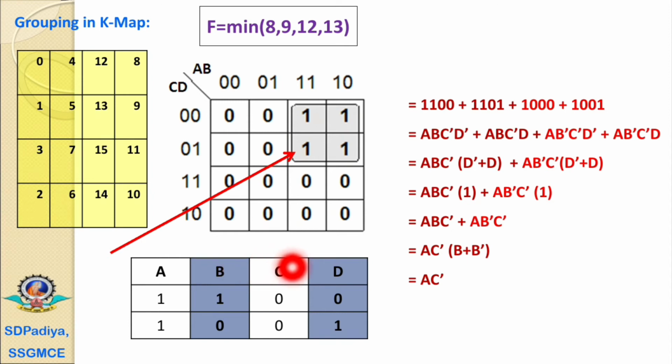For the C, both the values are 0 0, therefore it will not eliminate, and for the D, these values are 0 1, therefore again these values will eliminate, that is the variable D will eliminate. Therefore what remains, for the A we have 1, therefore there will be A, and for the C there is a 0, therefore the final simplified expression is A, C dash.